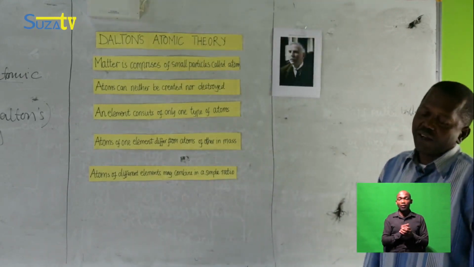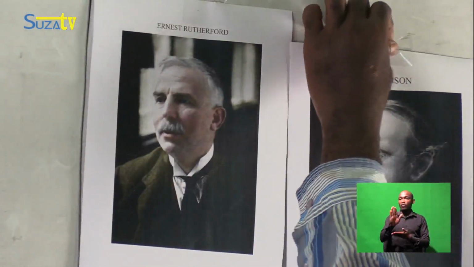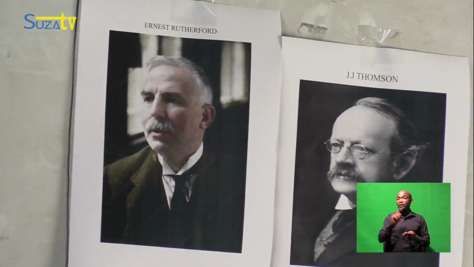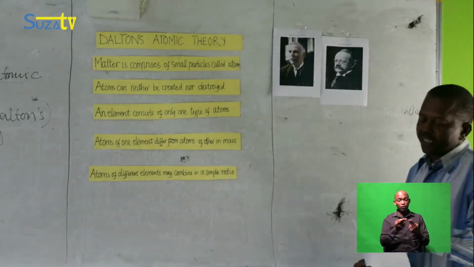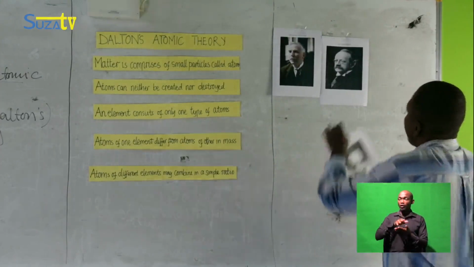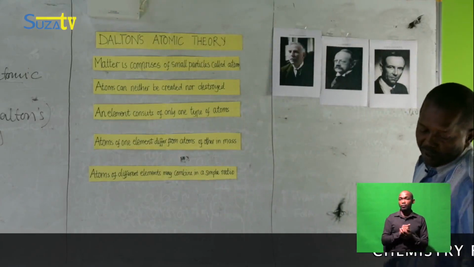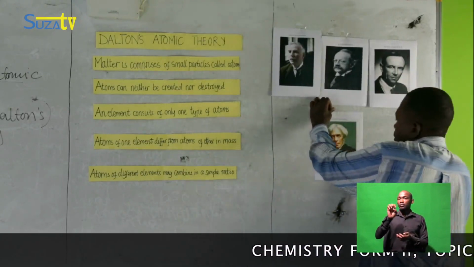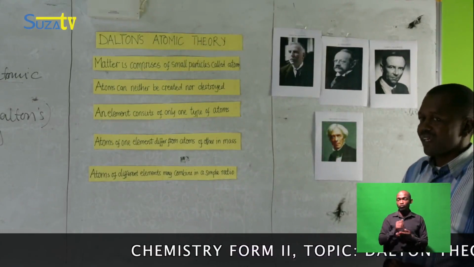We have a lot of scientists, but another one is J.J. Thomson, also working hard on this theory to find the answer where Mr. Dalton left off or did not explain. We have James Chadwick, and also Michael Faraday, who explained something on atomic structure, which is taken as his contribution.